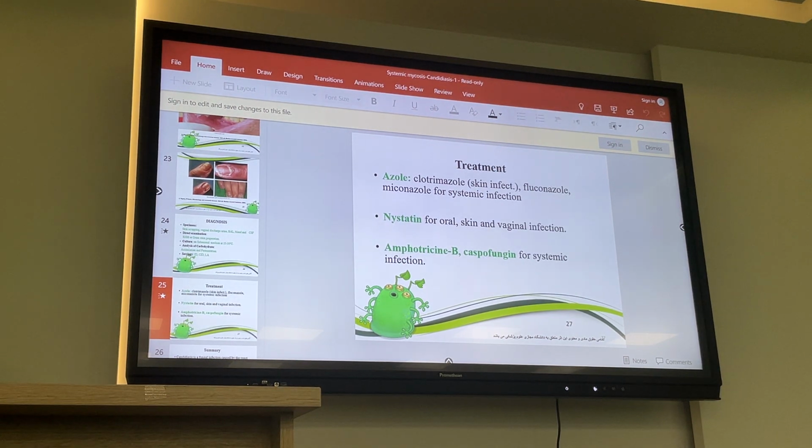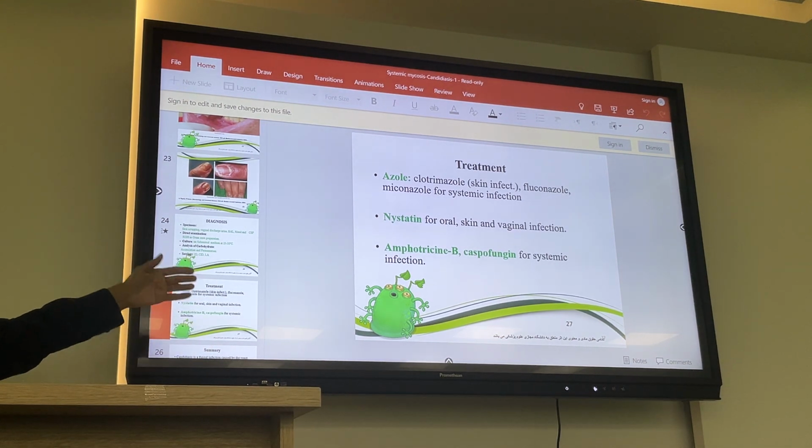Therefore, for treatment of the GI tract, you can use nystatin, but you cannot use nystatin for treatment of brain infection or respiratory infection, because there isn't any GI tract absorption.